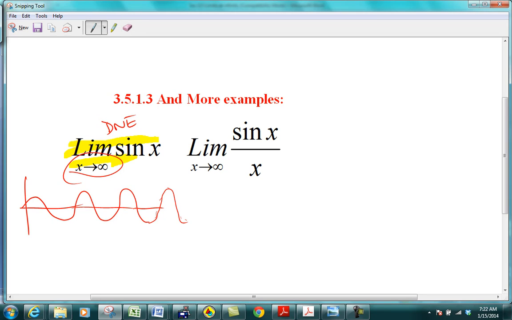Try to analyze the second one. Okay, think a little bit differently. And there you know that this guy here, the numerator, can at most be plus 1 or minus 1. Okay? And then when you think about this number here being extremely large, you can think of it as saying that, hey, the top could be any number between plus 1 and minus 1, but the bottom is some humongous number.